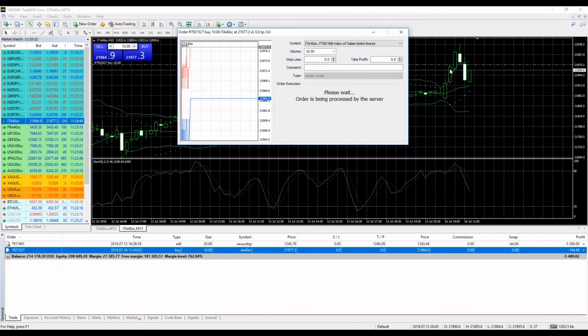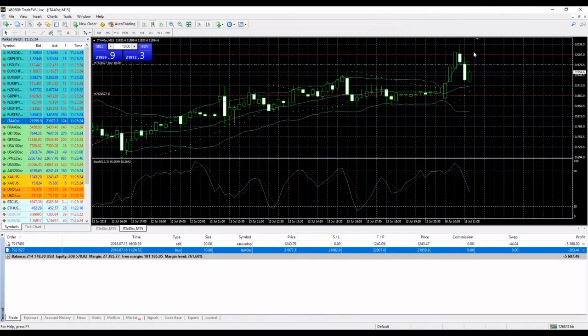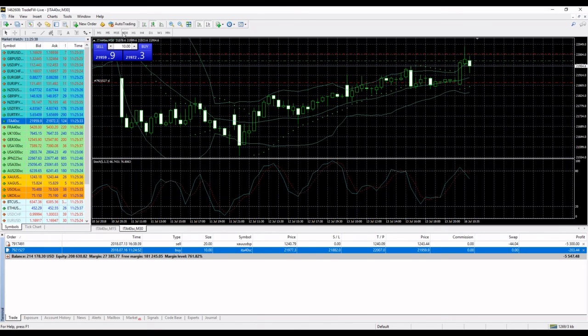I'm expecting the price to go up here. Let's see. Now I'm expecting that it will move up. So guys, in general, today it's an interesting day because, oh, there we go. We started to make a bit of money.